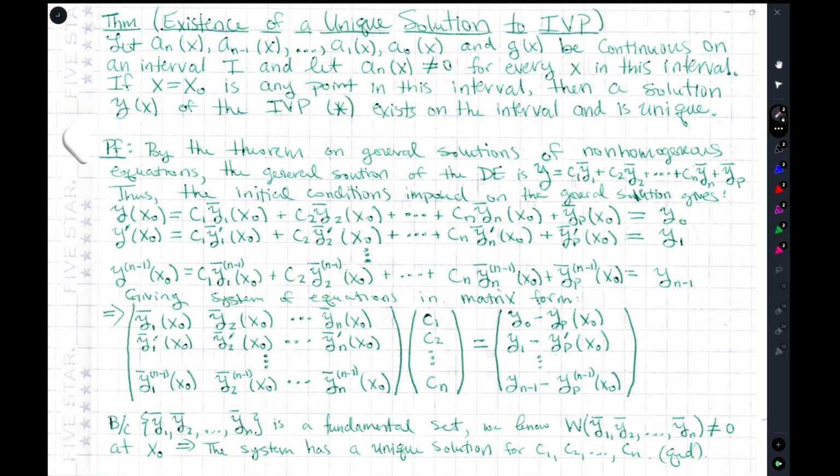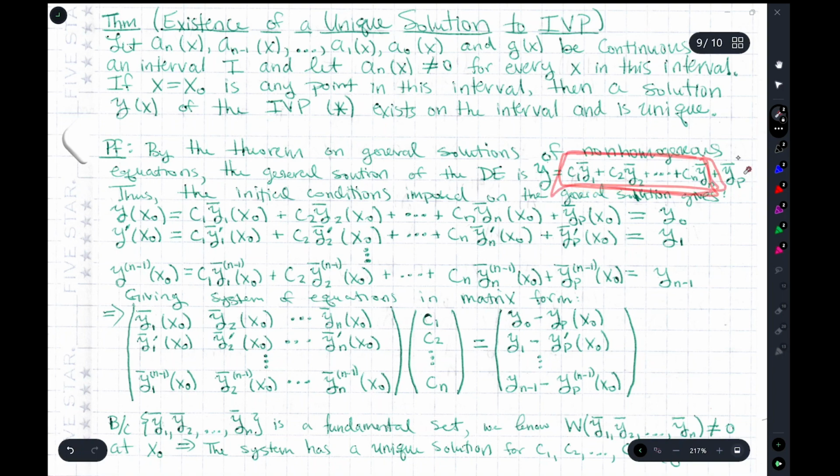All right, so this non-homogeneous equation, we're satisfying this. These are all continuous, and of course the equation is linear. Then we know that the general solution to the non-homogeneous equation looks like this, where these c_i y_i are the complementary function, and this is the particular solution.